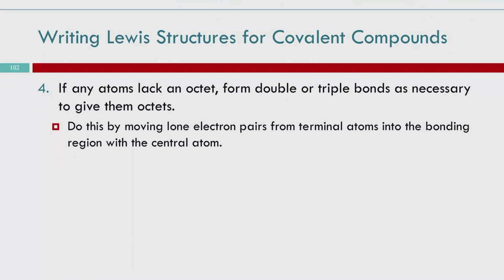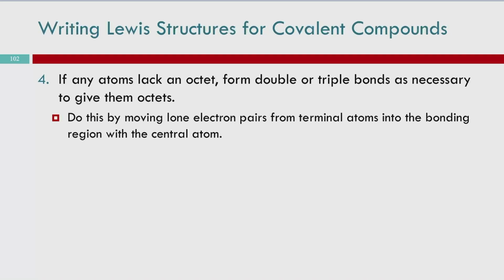All right, and then for our next step, if any of the atoms, any of the individual symbols lacks an octet, then we can form double or triple bonds to give them octets.